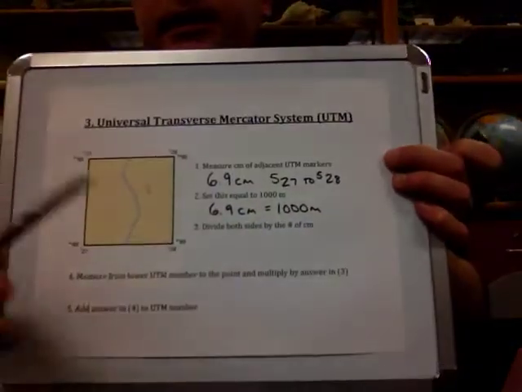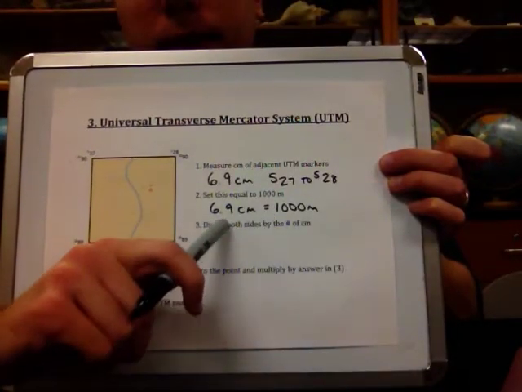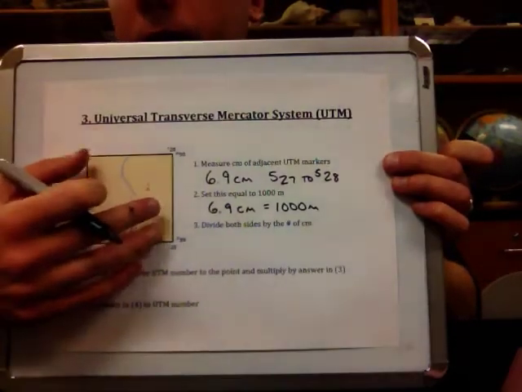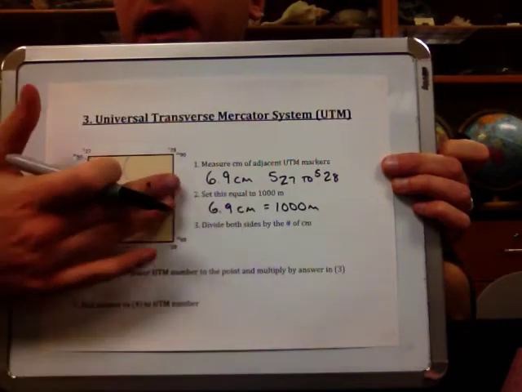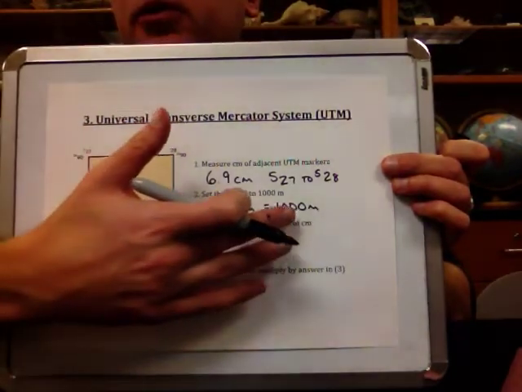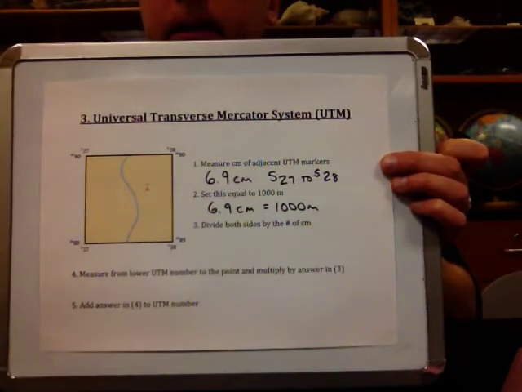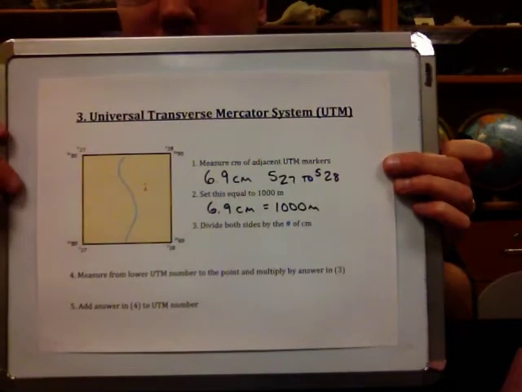Now, this is not a true statement if both of these were real life, because 6.9 centimeters is not the same thing as 1,000 meters. This, however, works for a map because what we're saying is 6.9 centimeters on the map equals 1,000 meters in real life. So we're converting from map measurements to real life measurements that we would see out on the Earth.